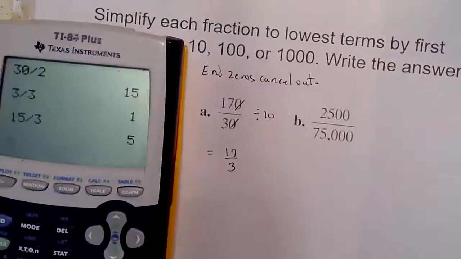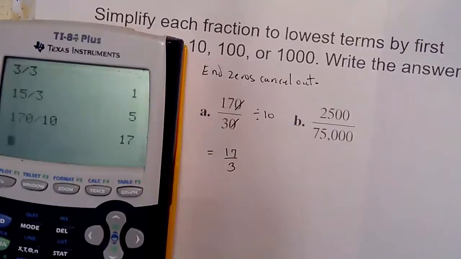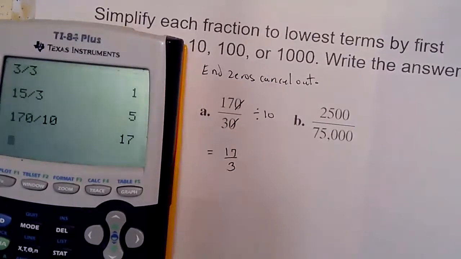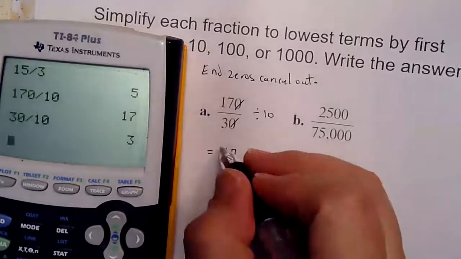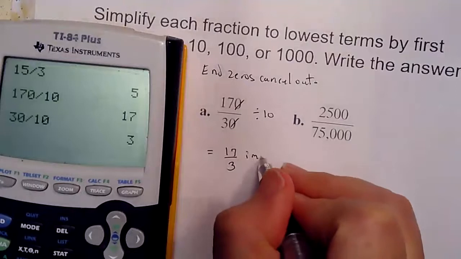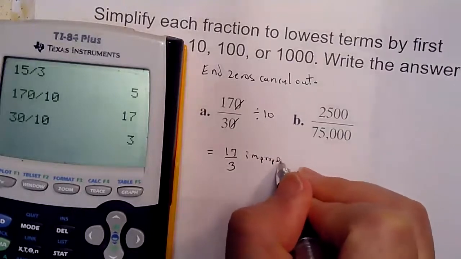So 170 divided by 10 gives us 17, and 30 divided by 10 gives us 3.